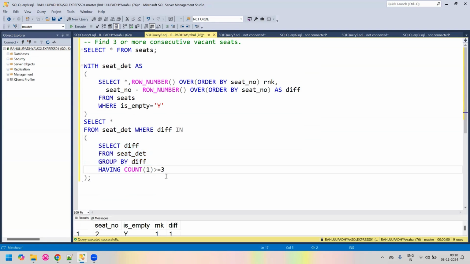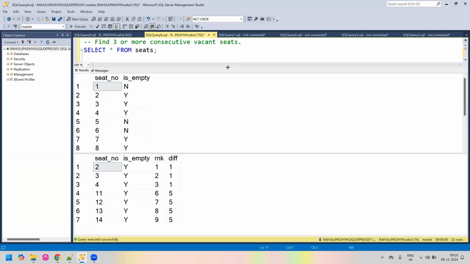Okay, so this is what we have. Let's run this and see the output. As we can see, now we have got only those entries where the difference entries are 3 or more. And this is the solution that we have.